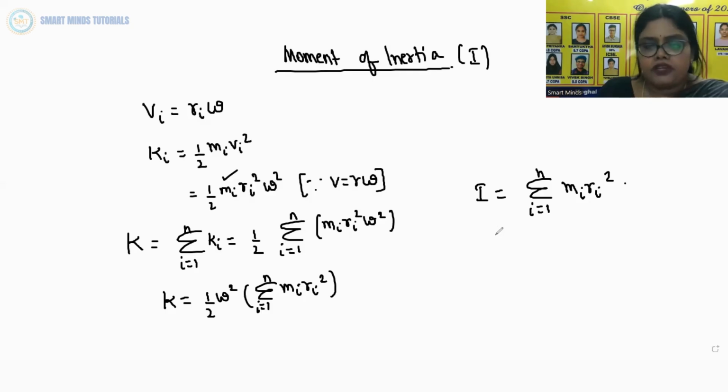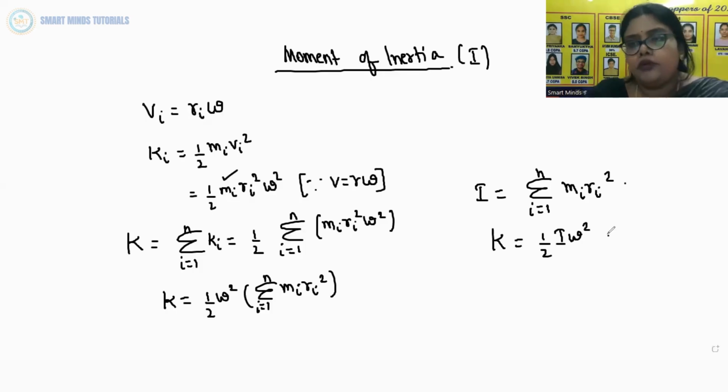With this definition, K is equal to half I omega square. Now note that the parameter I is independent of the magnitude of the angular velocity. So it is a characteristic of the rigid body and the axis about which it rotates.